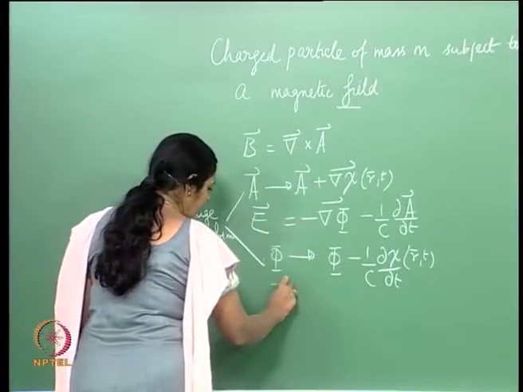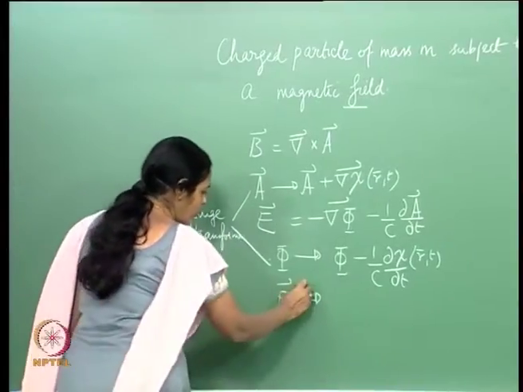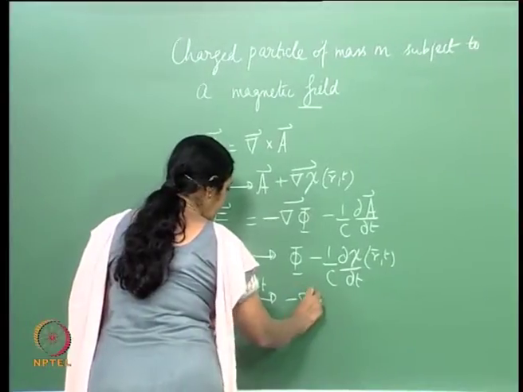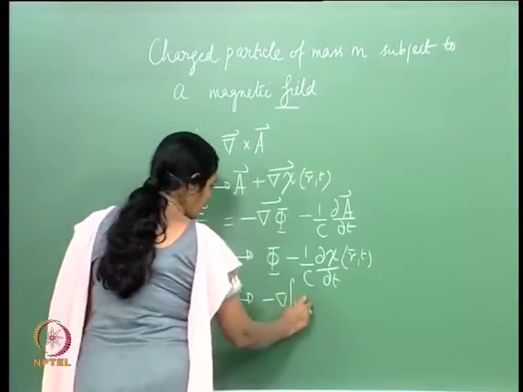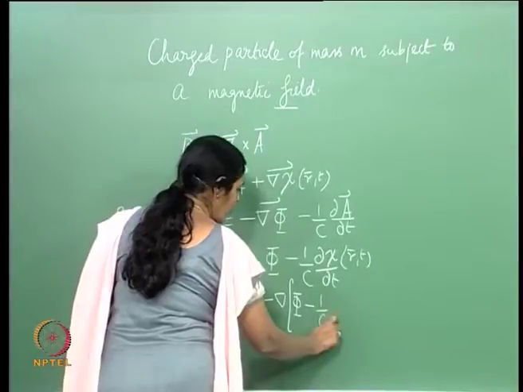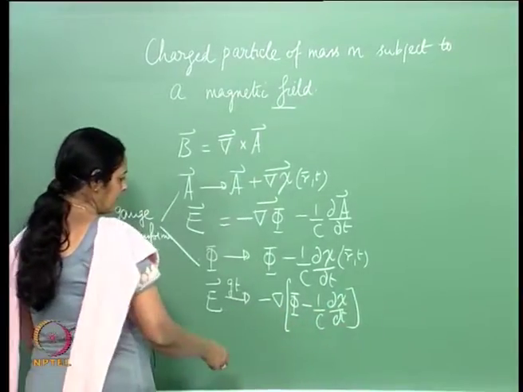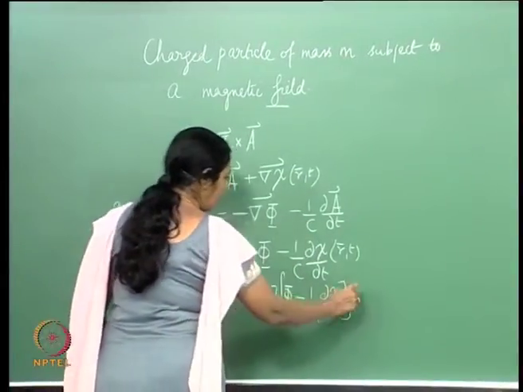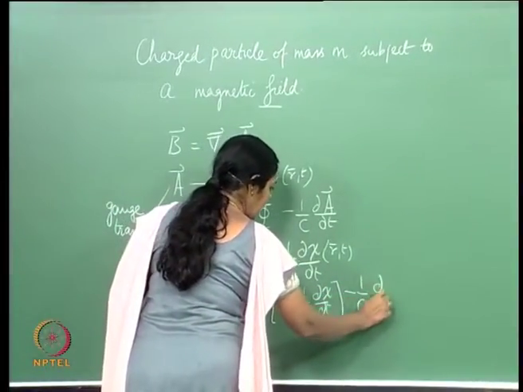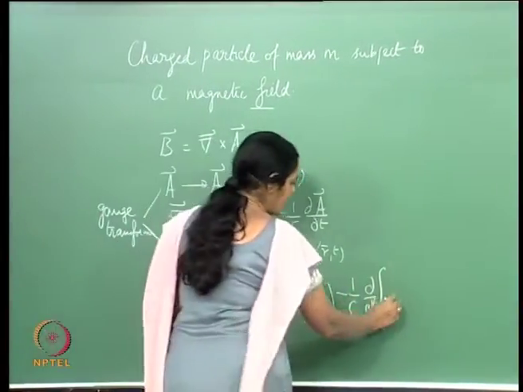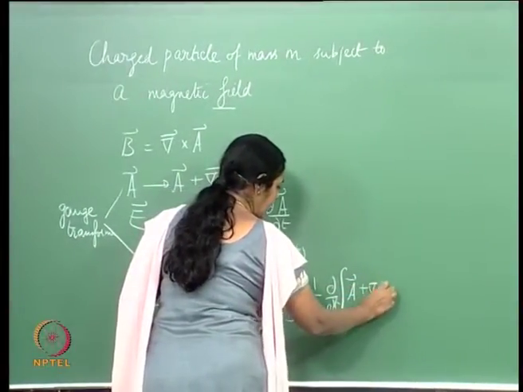left unchanged, because under the gauge transformation E goes to minus gradient of phi minus 1 by c delta chi by delta t, and minus 1 by c delta by delta t of A, which has changed to A plus grad chi.